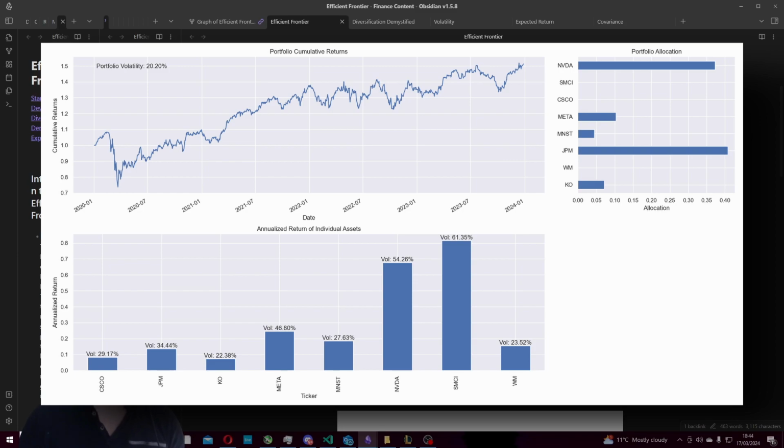Okay, so if we look here, you can see we have 22, 23, and our portfolio volatility is 20.20%. So the whole volatility of the portfolio is lower than the lowest individual asset or investment in our portfolio, okay?